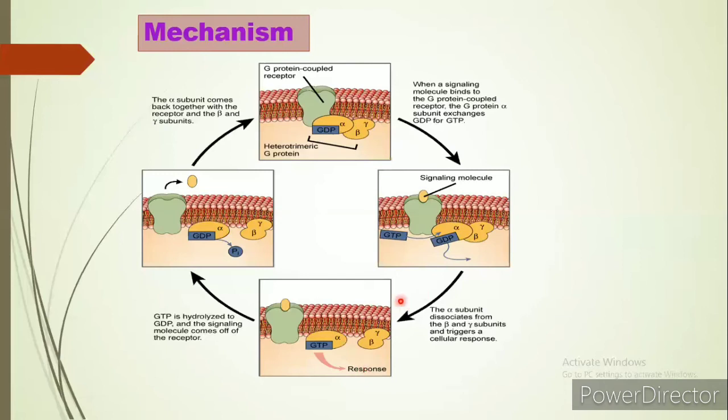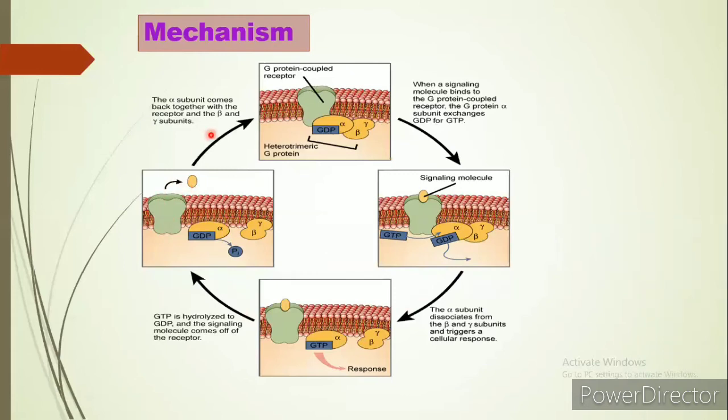That is, the alpha subunit dissociates from the beta gamma complex and triggers the cellular response. Next, the GTP is hydrolyzed to GDP, and the signaling molecule, the ligand, comes off of the receptor.